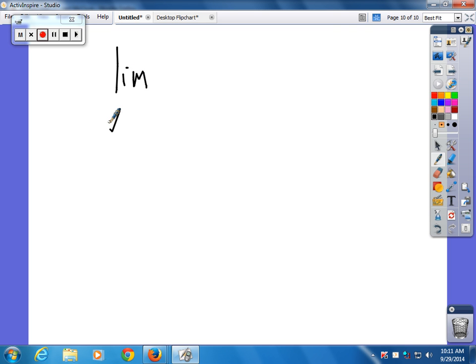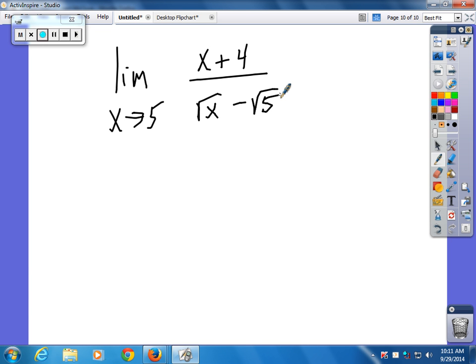And when you get a calculus problem, limit as x approaches 5 of x plus 4 over the square root of x minus the square root of 5. When you get this and you look at it, the first thing you're going to say is cannot be done. Cannot be done is not in calculus.